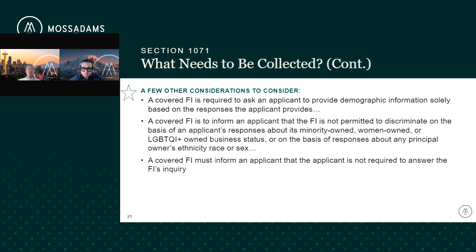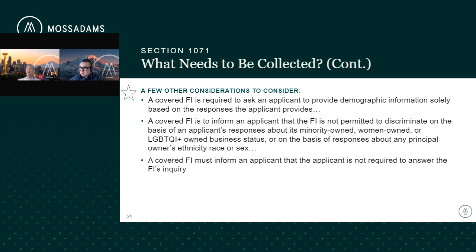Covered financial institutions also must inform an applicant that the applicant is not required to answer the financial institution's inquiry about the applicant's minority-owned, women-owned, and LGBTQI plus owned business statuses, or the inquiries about the principal owner's ethnicity, race, or sex.